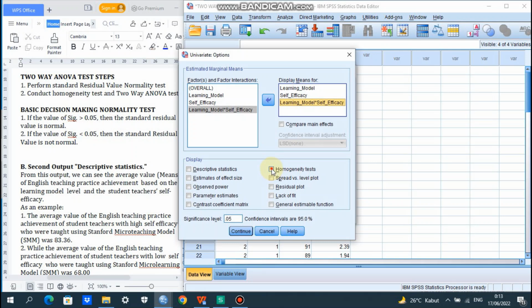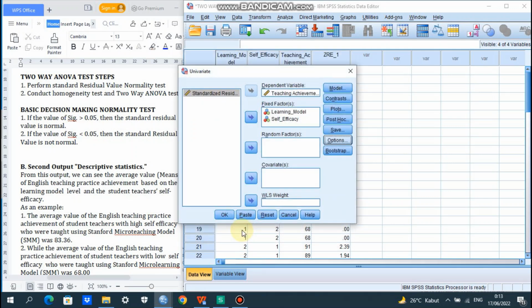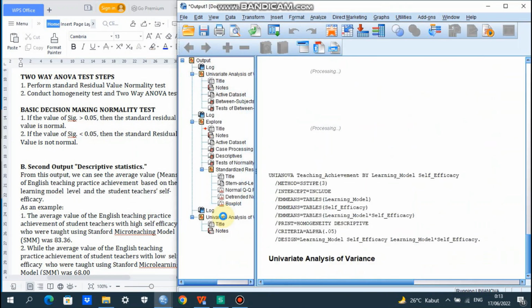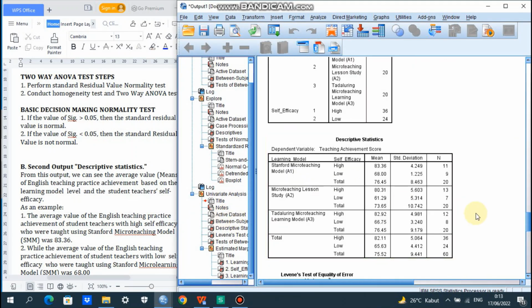And then we give a check mark for homogeneity test, and we also give a check mark for descriptive statistics, because we need the data for the homogeneity test result and descriptive statistics, with significance level 0.05 or confidence interval 95%. We click Continue and then we click OK.